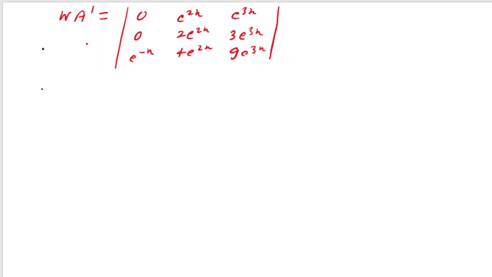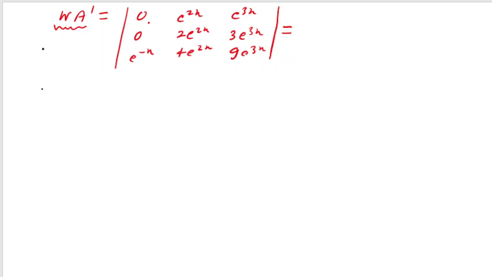I hope you got what I did. I am actually solving it for W, that is the Wronskian, into a dash, because we are solving to get the value of a dash. So in the Wronskian I have replaced the first column by the right hand side, and if you simplify it, you just need to expand about the first column.